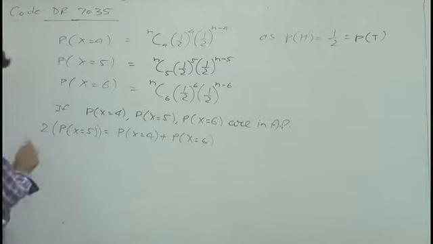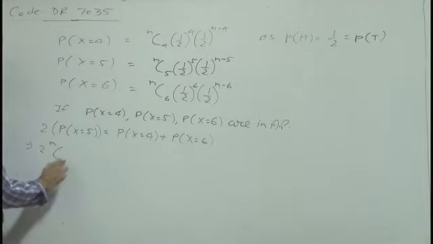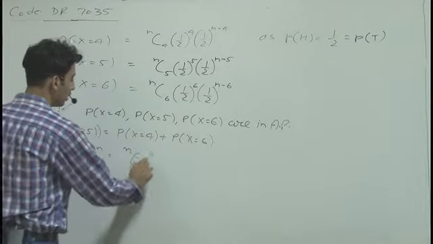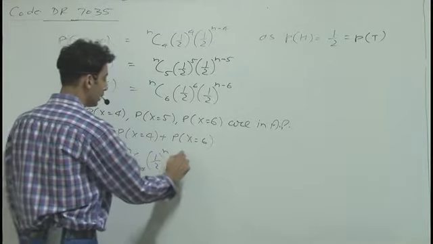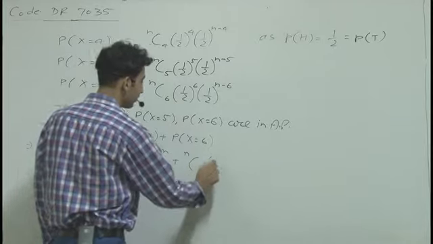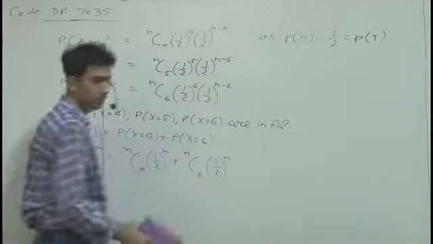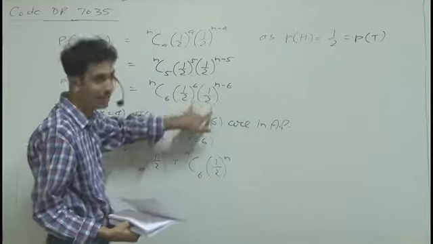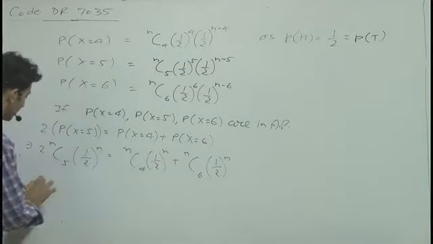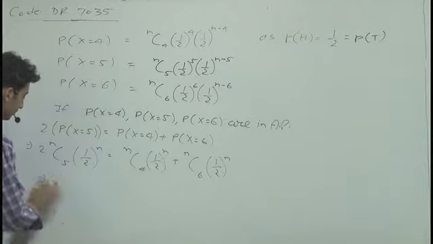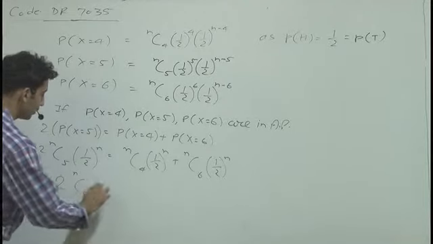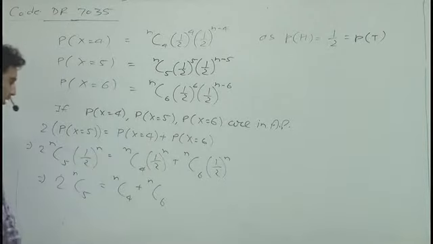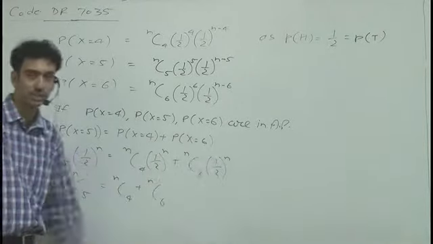This can be written as twice of nC5 (1/2)^n = nC4 (1/2)^n + nC6 (1/2)^n, because the total power in each of them is n. So this can be written as 2 times nC5 = nC4 + nC6. Here we cancelled (1/2)^n from each term.